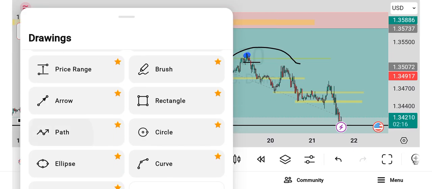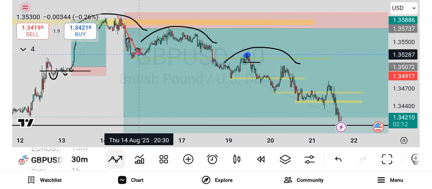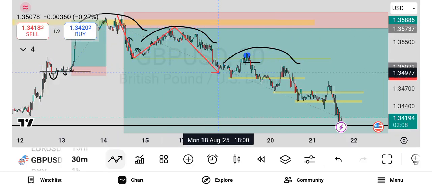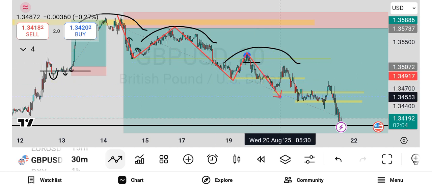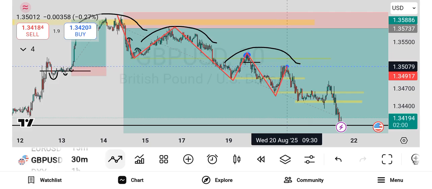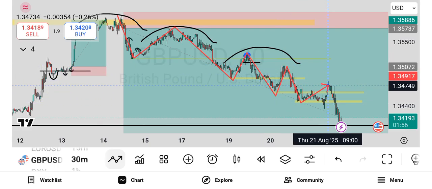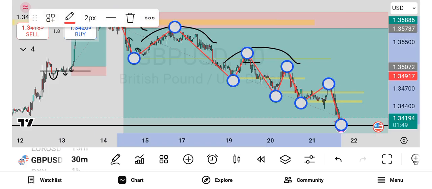First of all, I want to show you market structure, guys. Price was moving in this manner, broke the support, retested: indication, correction, continuation. Indication, correction, continuation, guys.